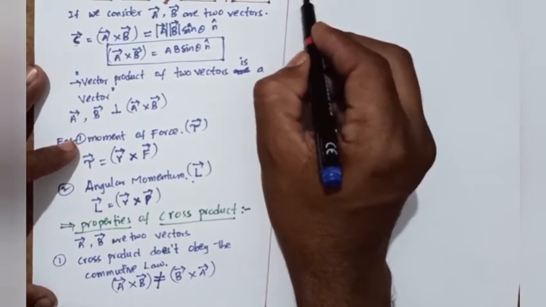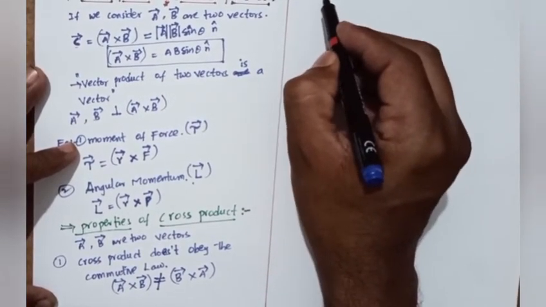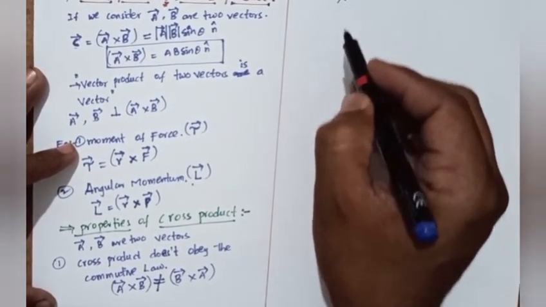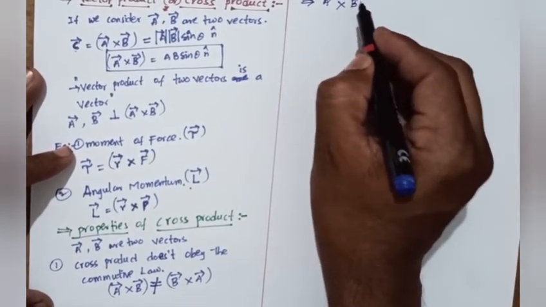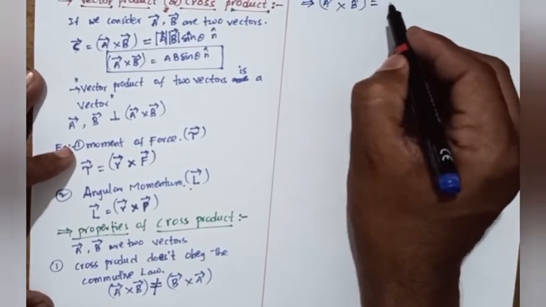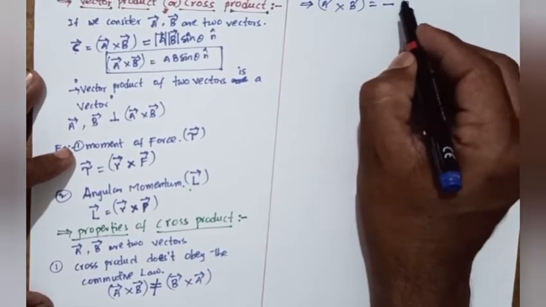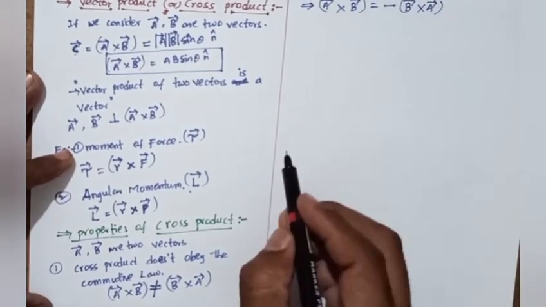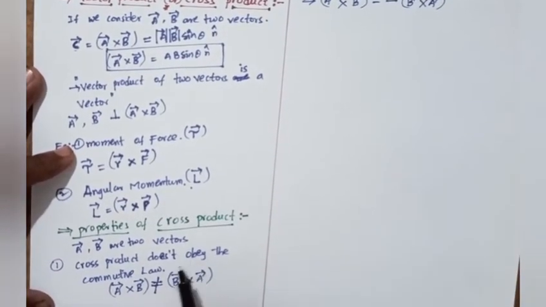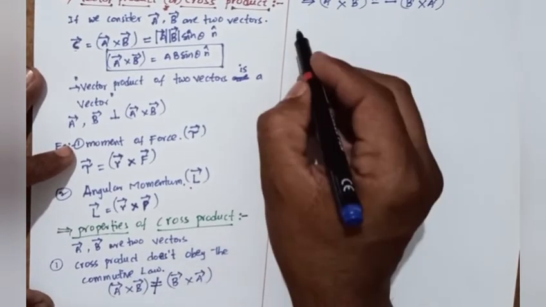It is also written as a bar cross b bar equals minus b bar cross a bar. The cross product does not obey the commutative law.